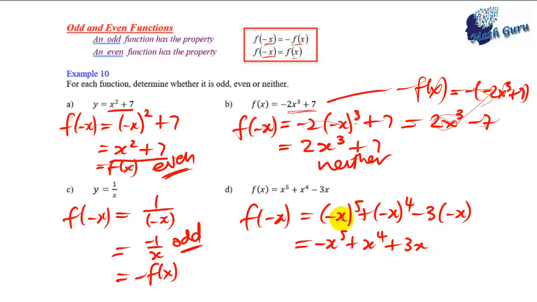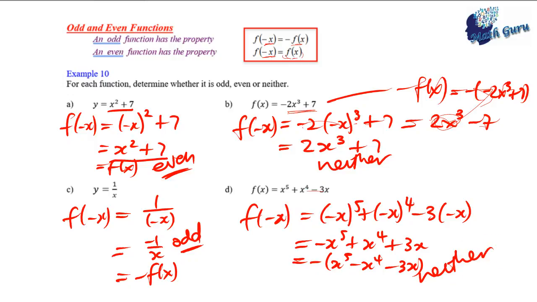So that's not exactly the same as the original function. So we know if it's exactly the same as the original function, it'll be even. Can I take out a negative? If I take out a negative, I'll have x to the 5 minus x to the 4 minus 3x. Is that the negative of the original function? No, it's not. So this one is neither.